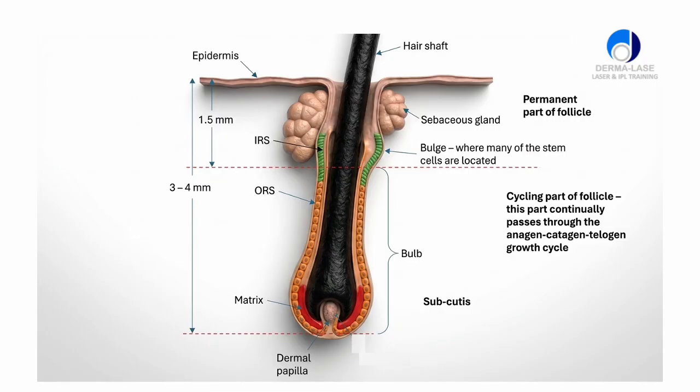So our current understanding is that to successfully destroy a hair follicle irreversibly, we must damage the stem cells located in the bulge region, which is relatively superficial, and also the cells in the dermopapilla, which is at the base of the bulb.